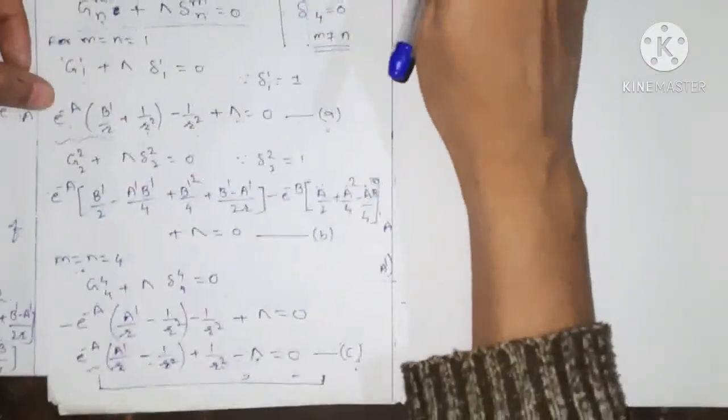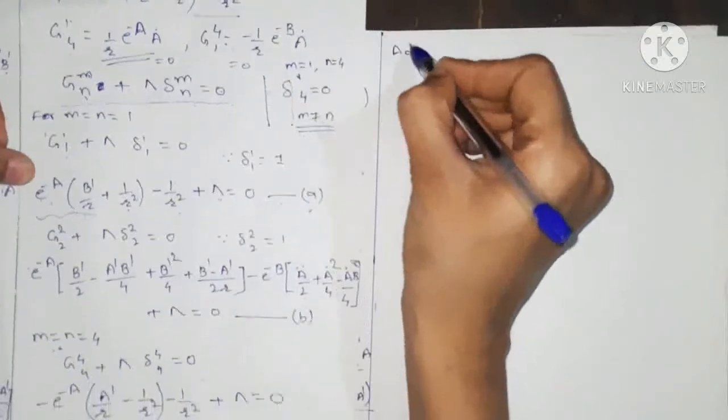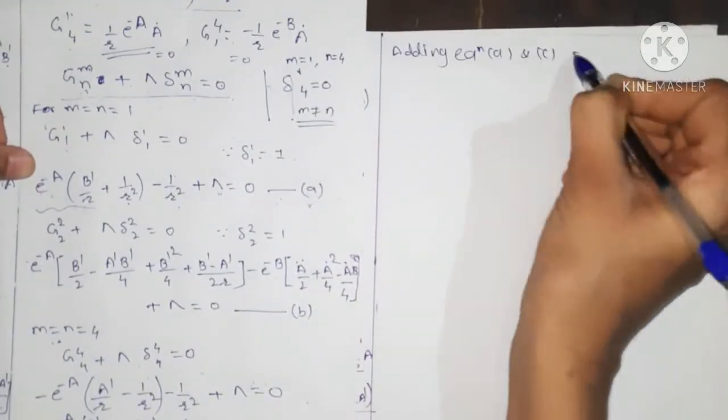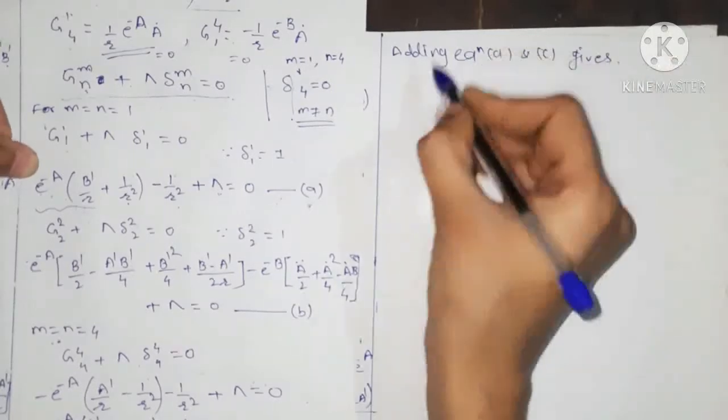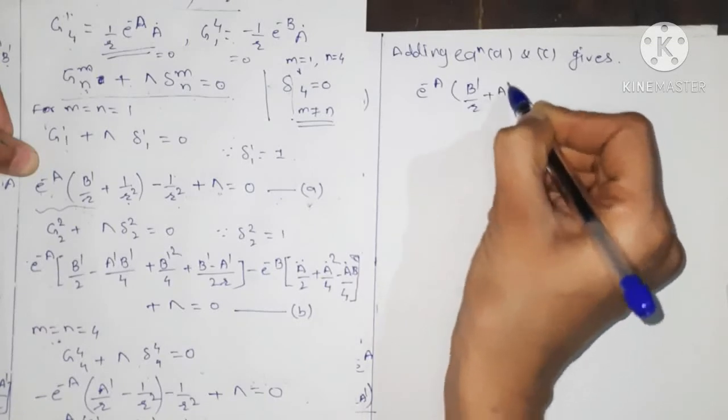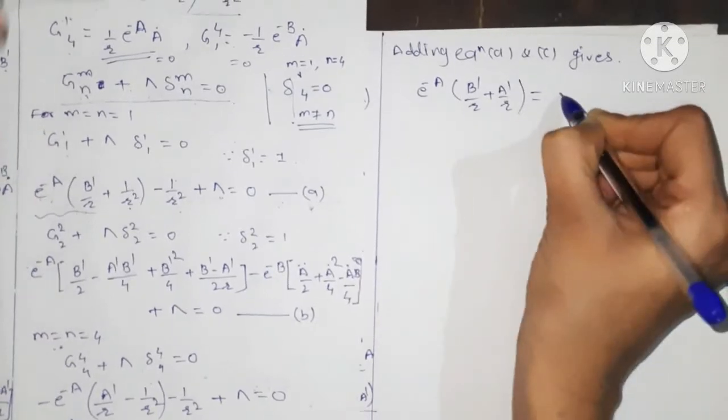So adding equations a and c gives e to the power minus a times (b dash upon r plus a dash upon r) equals 0.